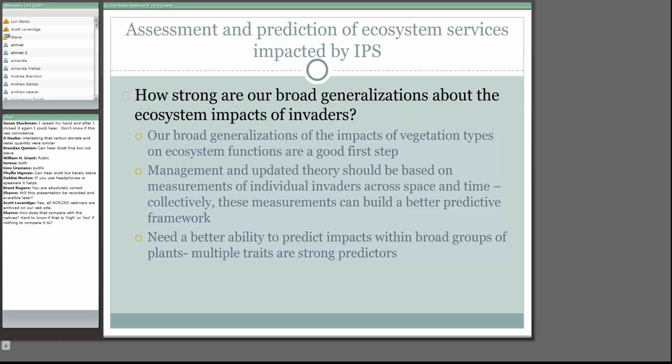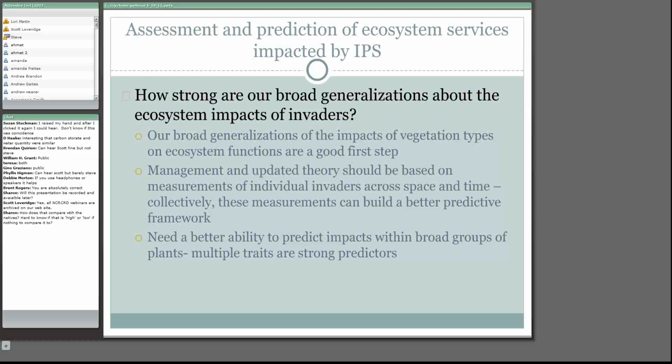That's a challenging aspect to measure, and a lot of models are being developed for that, and a lot of field studies are being conducted to try and get at that. If we talk about, again, broad generalizations, they're a good first step. I think it's important that we make that first step, but we need to continue to refine those generalizations and get more specific.